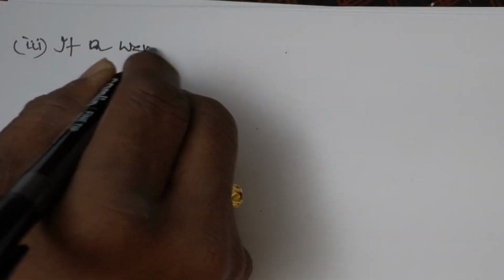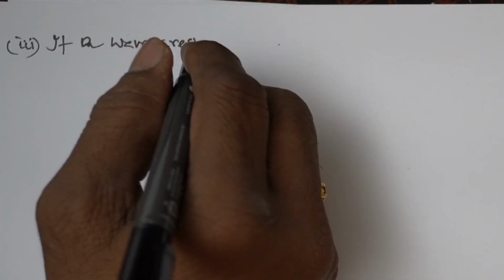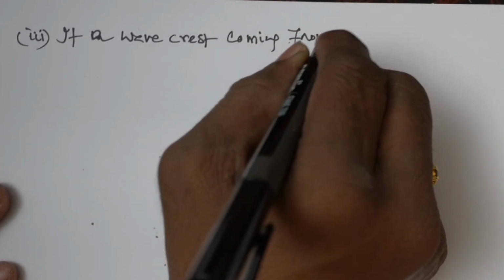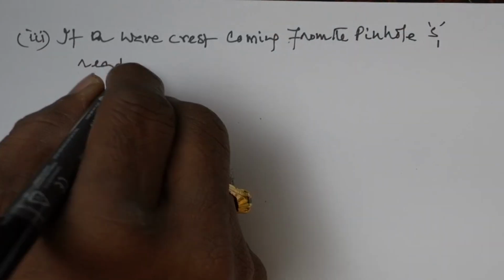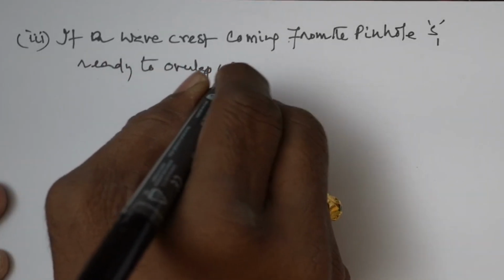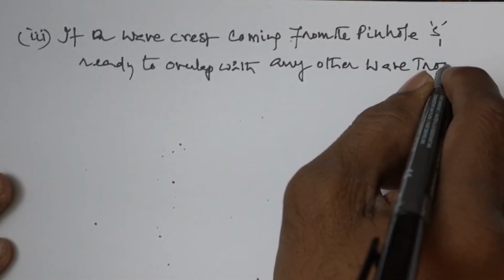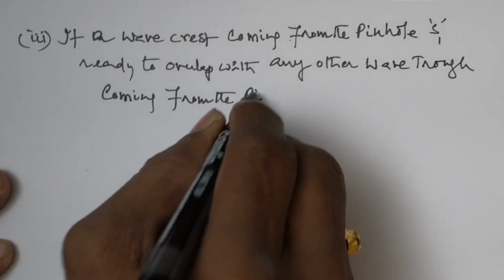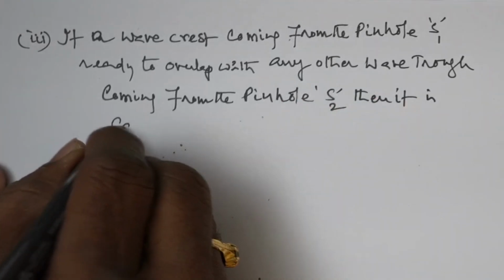Look carefully. The third possibility is, if a wave crest coming from the pinhole S1 is ready to overlap with any other wave trough coming from the pinhole S2, then it is called destructive interference pattern.